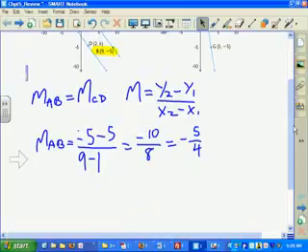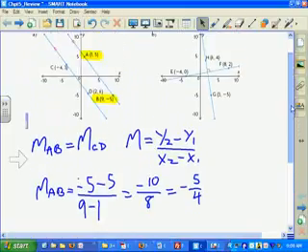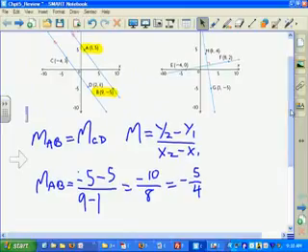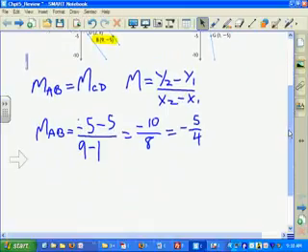What can we do with that then? Plug it in. Plug it into what? The equation of the slope. Yeah, we have our equation of a slope right here. So m equals negative 5 over 4.